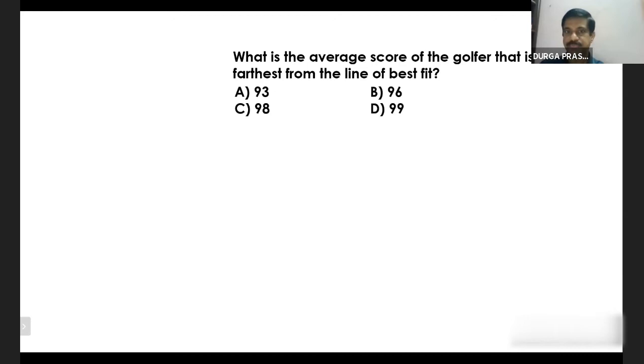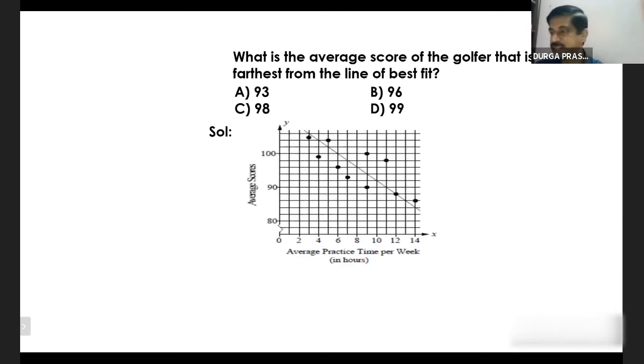So now look at this. If this is the line of best fit, you are finding a line there. Farthest distance means you should drop a perpendicular from the point onto the line. Any other distance you take is lesser than this distance.